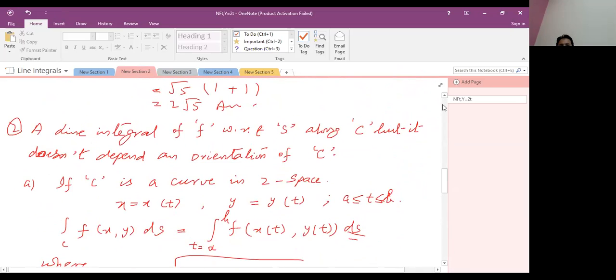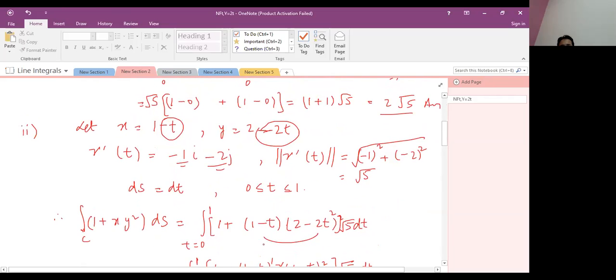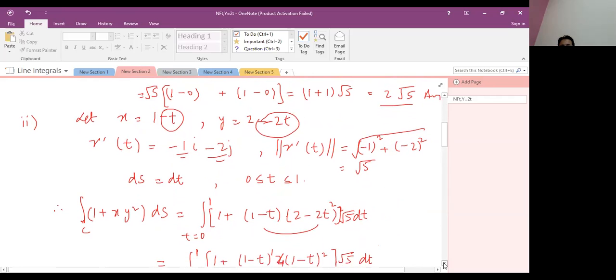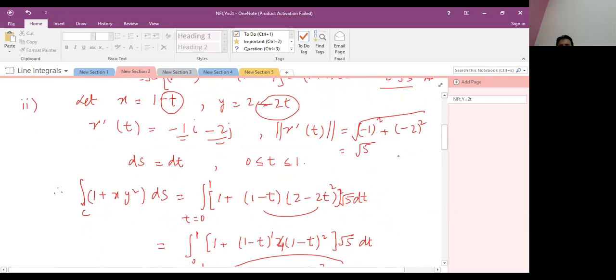So after that, we put here x is 1 minus t, y is 2 minus 2t. In the next step, if we take common 2 out of 2 minus 2t and take the square, it is 4. 4 times 1 minus t whole square, 1 minus t.